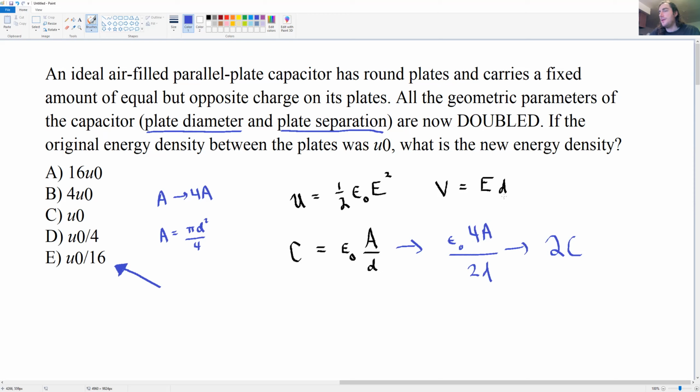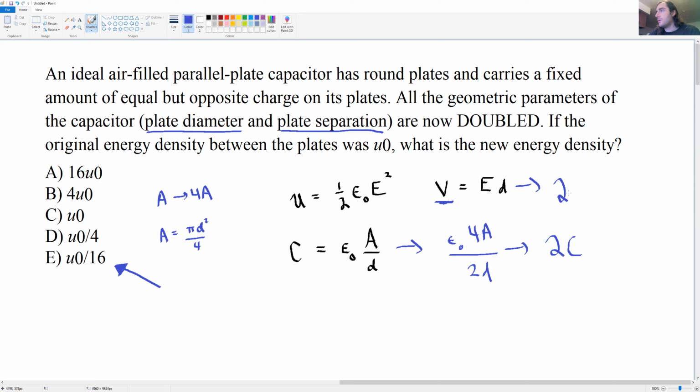What's going to happen to some of these other parameters here? So for example, the equation here, if the distance between the plates doubles, then the voltage here would double because the electric field between the plates, parallel plates of equal and opposite charge, would remain constant, right?